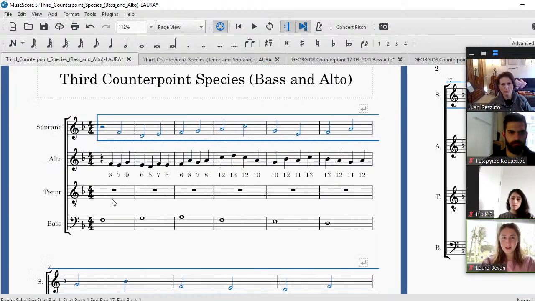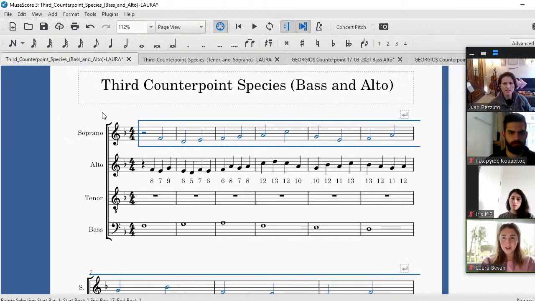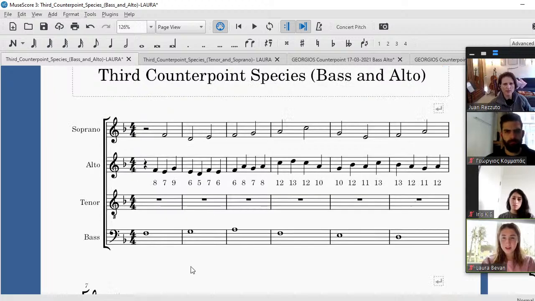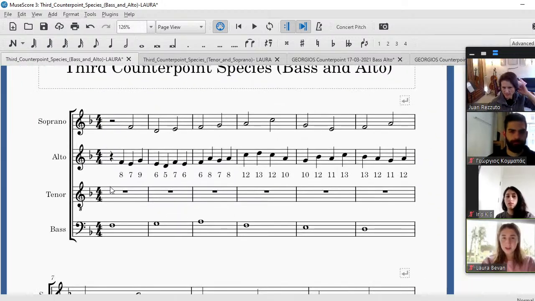First one, go to lower the... Okay. So the exercise was to reduce the same first species counterpoint into the previous pieces 1 and 2. I'm not going to do the whole thing, and Georgios and Iris can also help. So you're up.